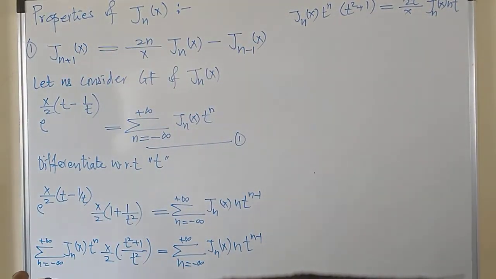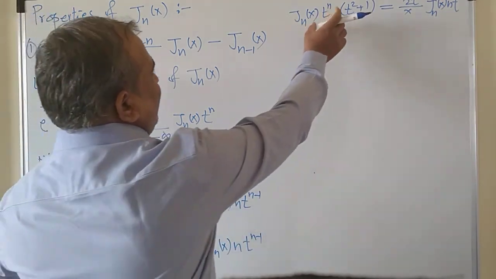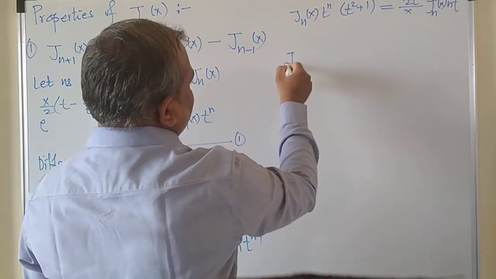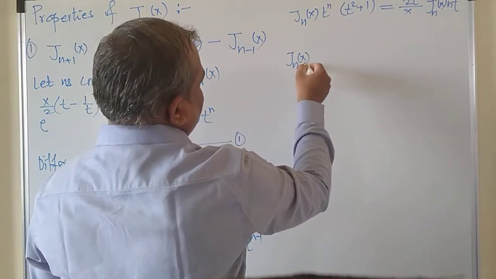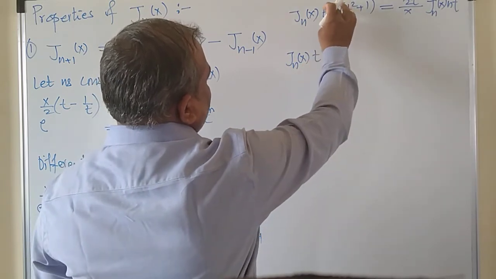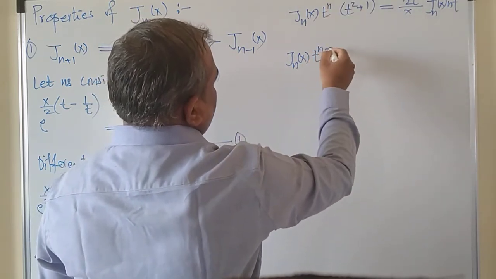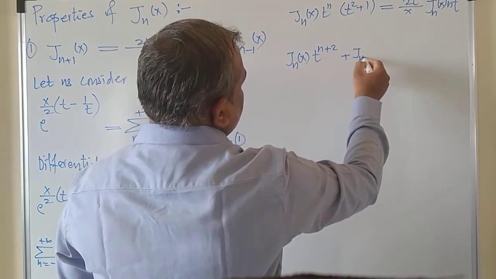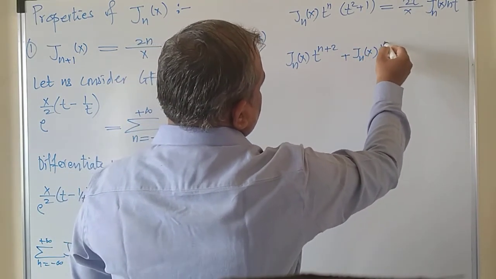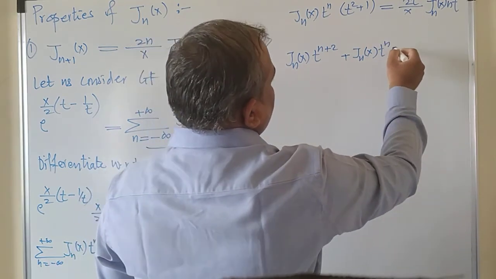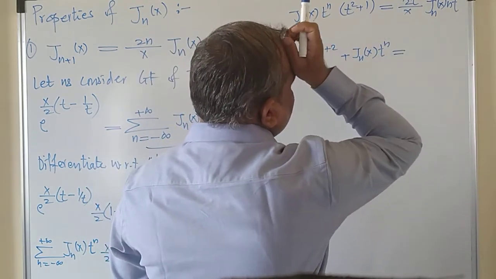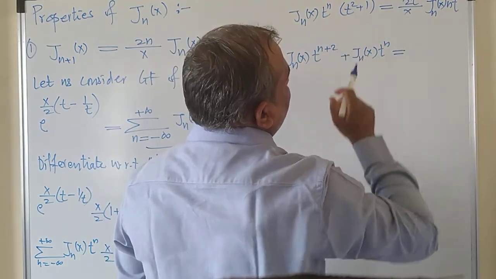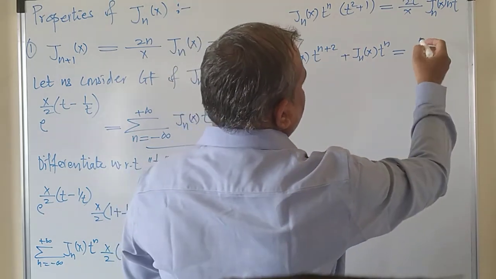Right? So let's expand this again. So we will get Jn of x into t raised to power n plus 2 plus Jn of x t raised to power n, and this is equal to, this will be as it is.